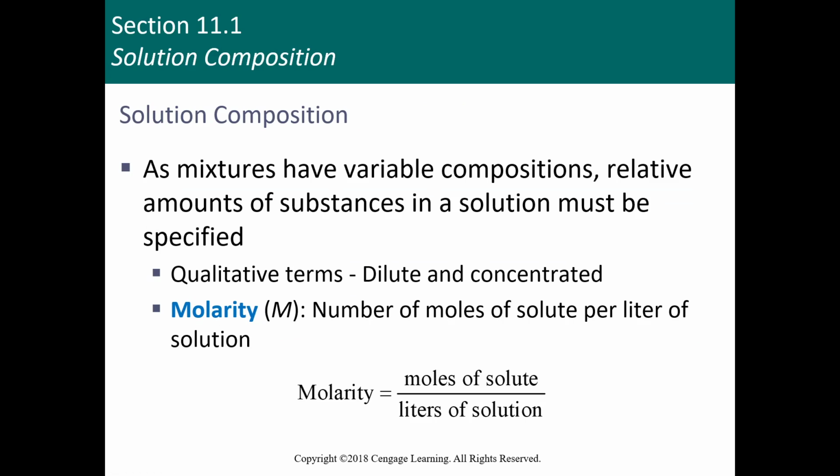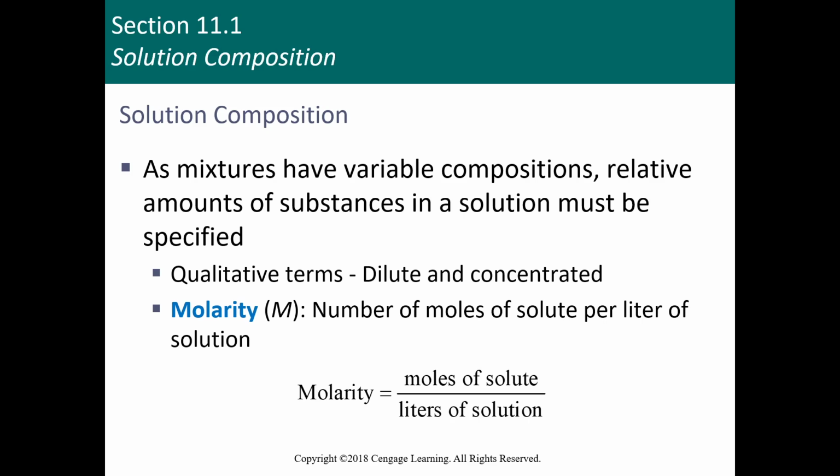So, as a solution goes, as a mixture, one of the most important things you need to understand about it is its composition. And so mixtures do have a variable composition. They're not all one thing. You could have vodka or you could have beer, right? And those are two different types of mixtures that have different compositions, but mostly the same substances in them, which is alcohol or ethanol and water.